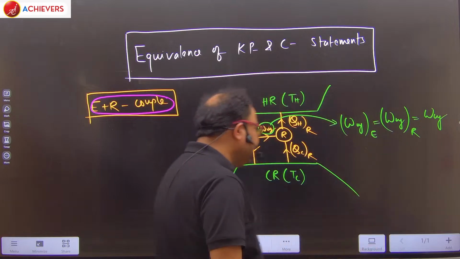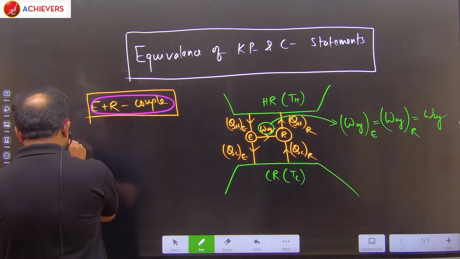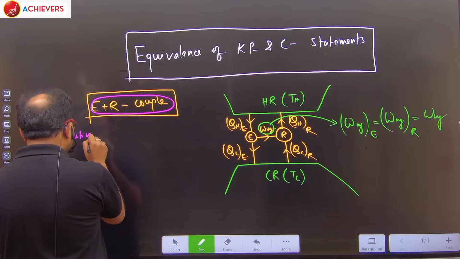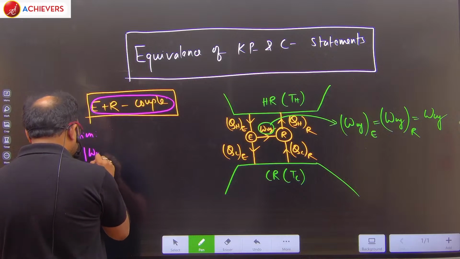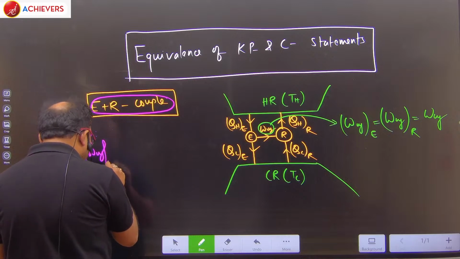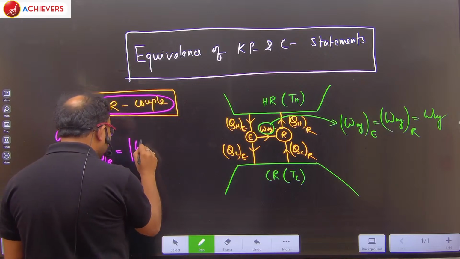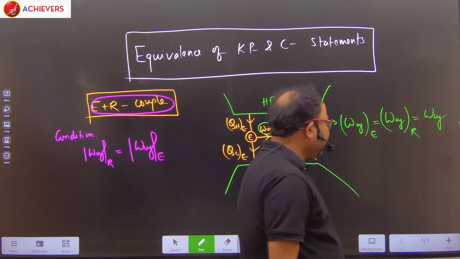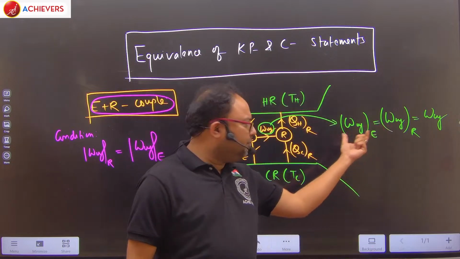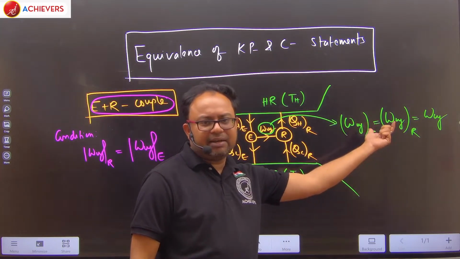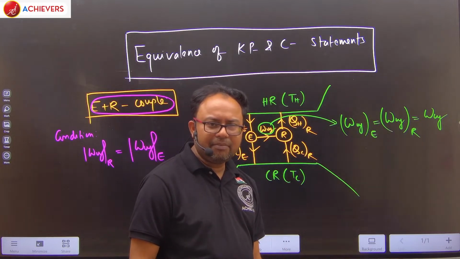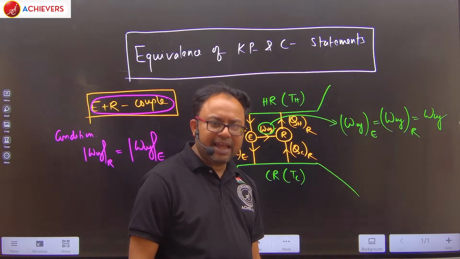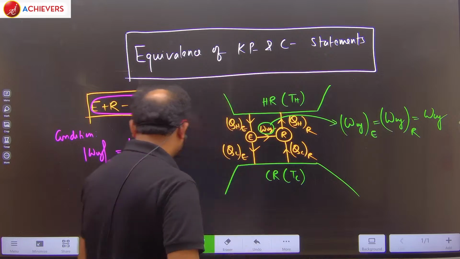So what is the condition for E plus R couple? The condition is mod W cyclic for R should be equal to mod W cyclic for E. If the two entities are same, then their magnitude must be same. So we are writing it in this manner.